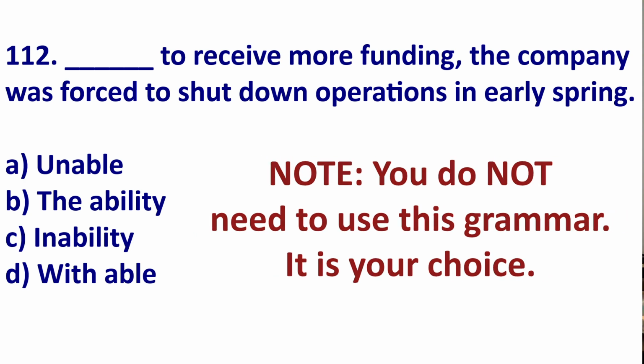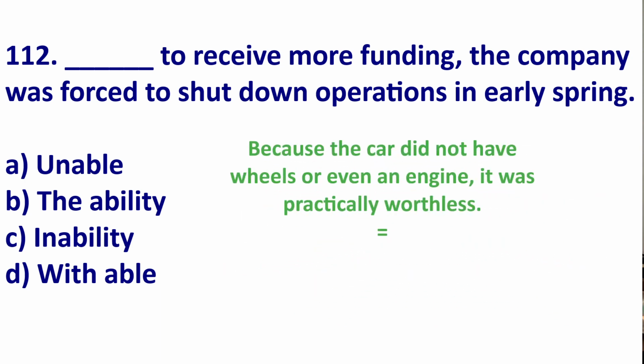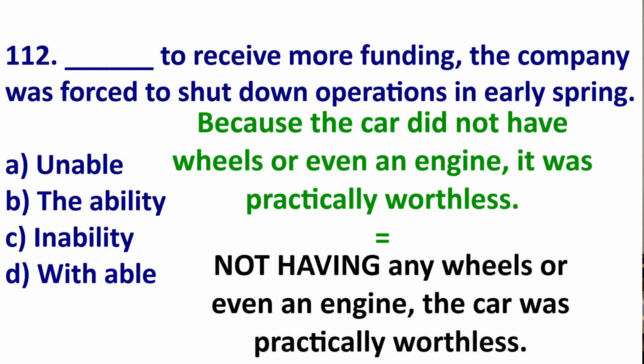So let's look at a couple examples and see if you can transform these into reduced adverb phrases of reason. Long word. Let's look at number 1. So, not having any wheels or even an engine, it was practically worthless. Or the car was practically worthless.